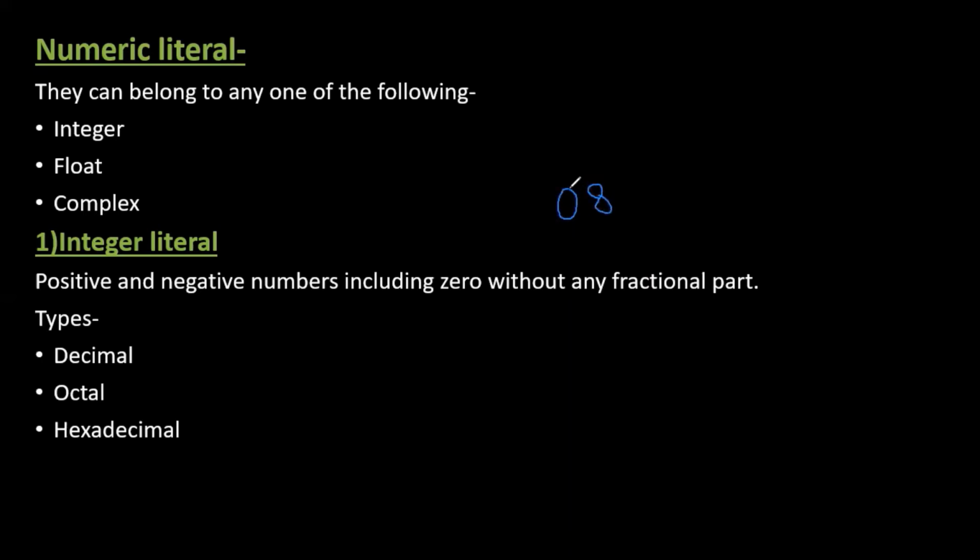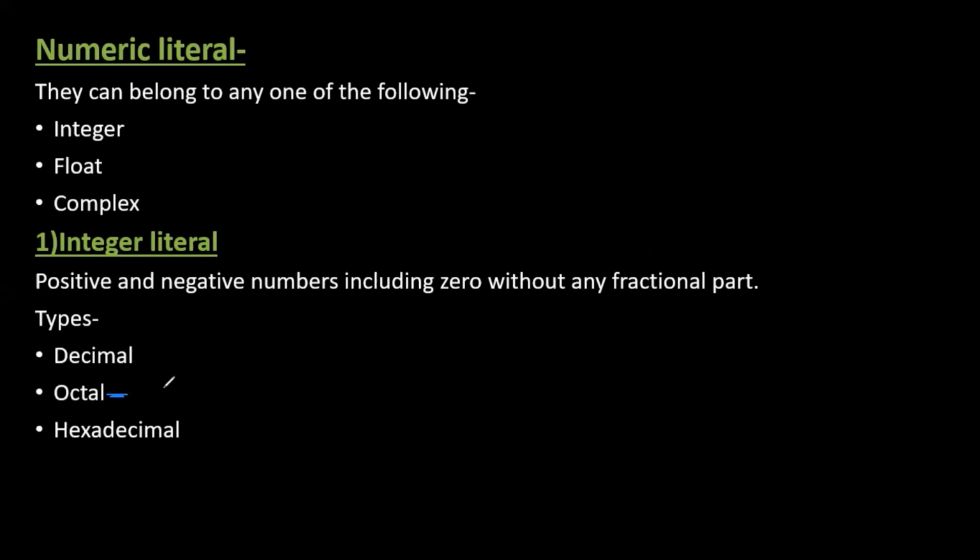This is not a decimal number. Your number cannot start with 0 in the case of a decimal literal. So we say that a decimal integer literal consists of a sequence of digits, and it should not begin with 0. You will come to know why when we discuss the octal one.